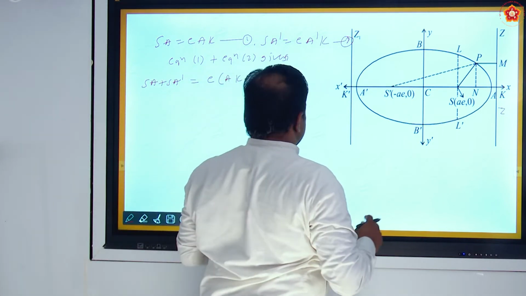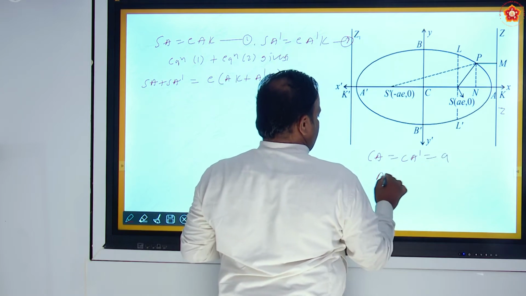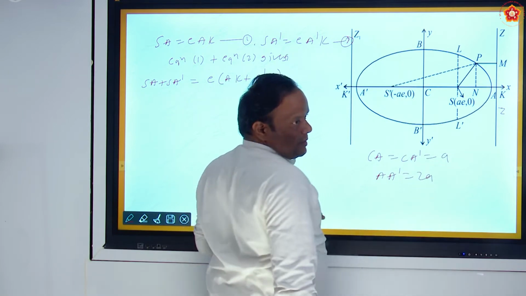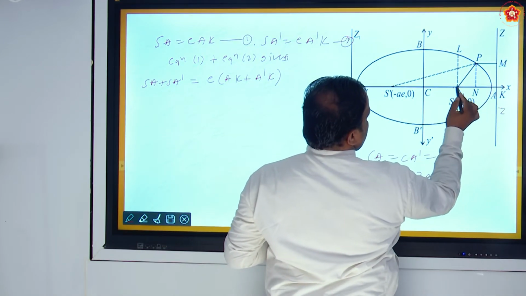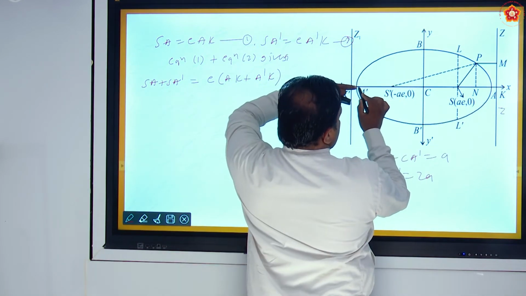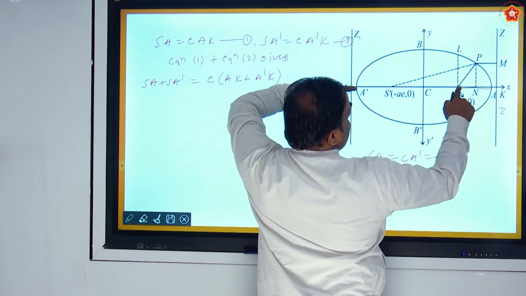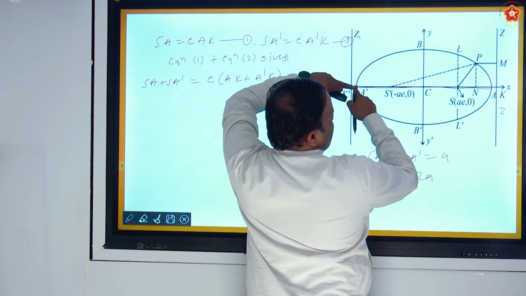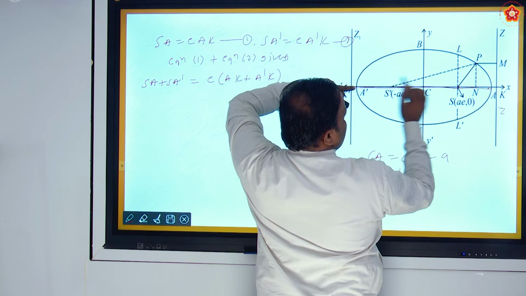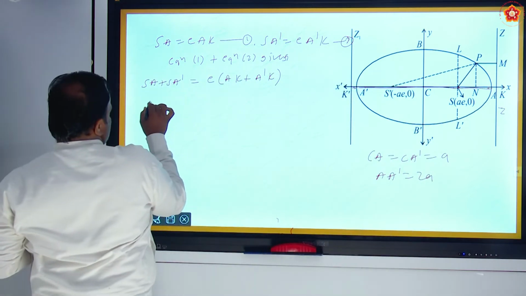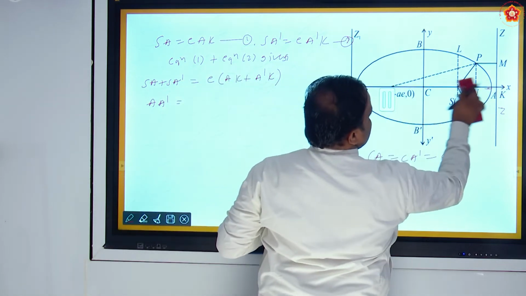We know CA equals CA dash equals a, so AA dash equals 2a. SA plus SA dash is nothing but AA dash, which is 2a.